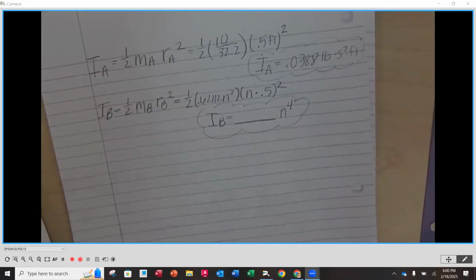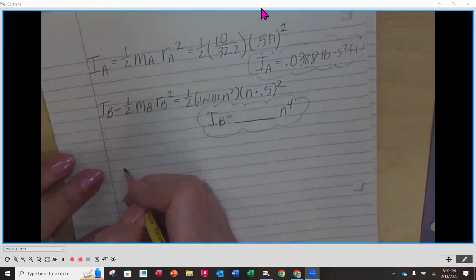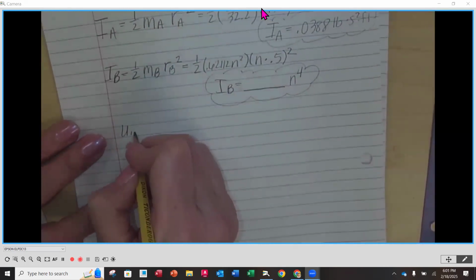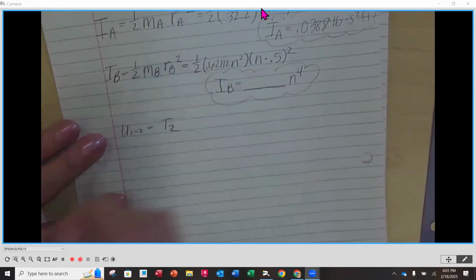Now, once you have your moments of inertia, let's go back to our work energy theorem so you can see how we can develop this. Work 1 to 2 is going to be equal to T2.